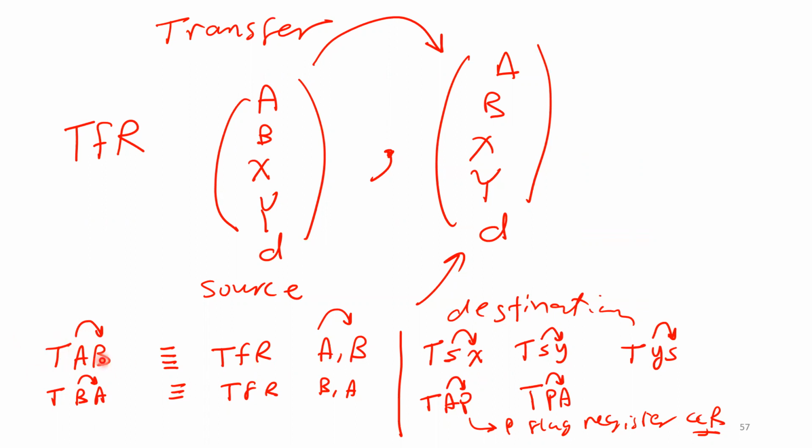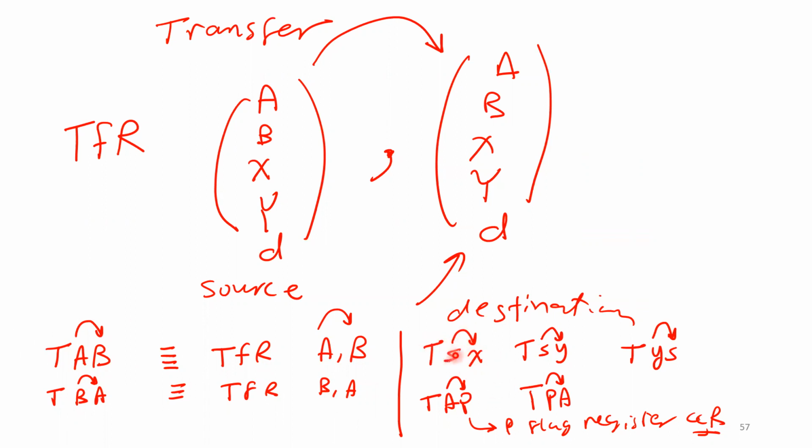This instruction is inherent. It copies A to B, so it's the same thing. If you use TFR and then A comma B, it's the same as using TAB. They are doing the same thing. We also have TBA. It's one word, it's inherent. It's the same thing as saying transfer B comma A. Also we have TSX.